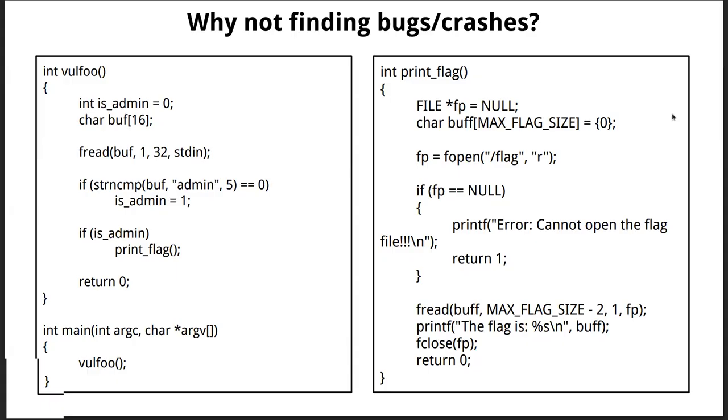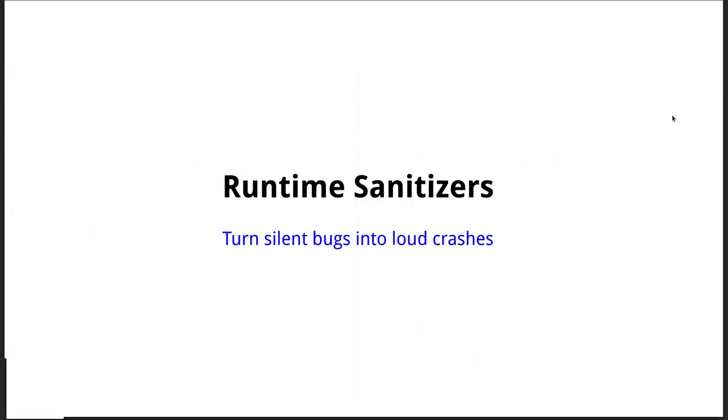So then we need some method to make the bug manifest itself, to make the bug talk to AFL in a language that AFL understands, which is crashing or hanging, right? So that's why we need some other tools called sanitizers, or runtime sanitizers, and they can turn those silent bugs into very loud crashes.